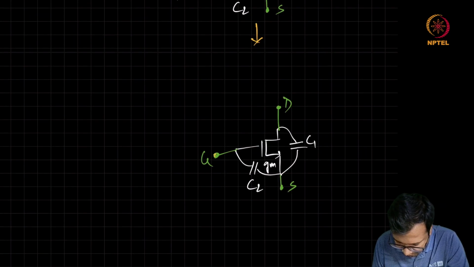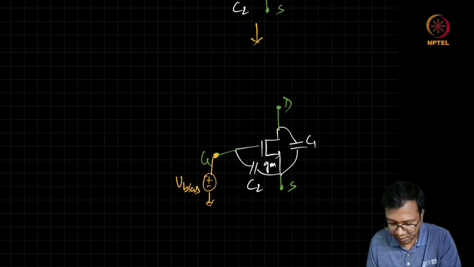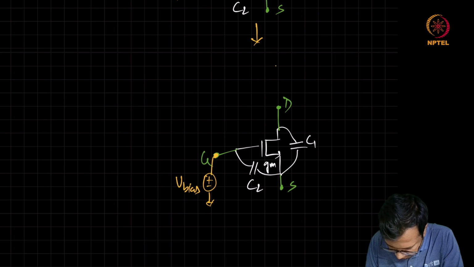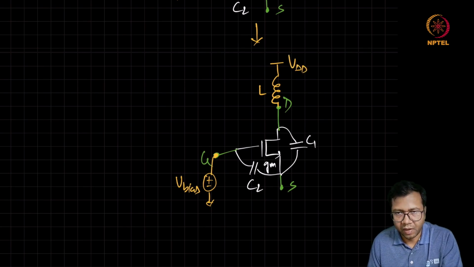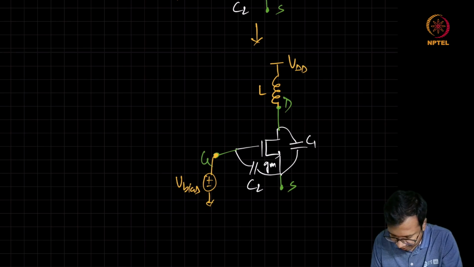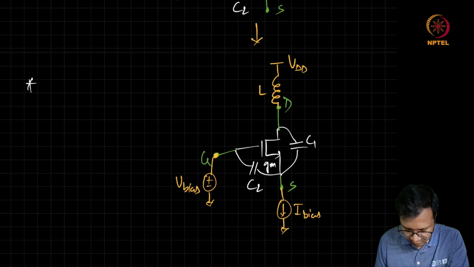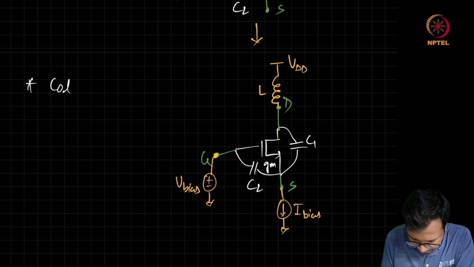You can connect a DC source at the gate to bias the transistor, and at the drain we can connect this inductor L, but now it is coming through a DC supply VDD. And on the source side, we can connect a current source. This is also called a Colpitts oscillator.